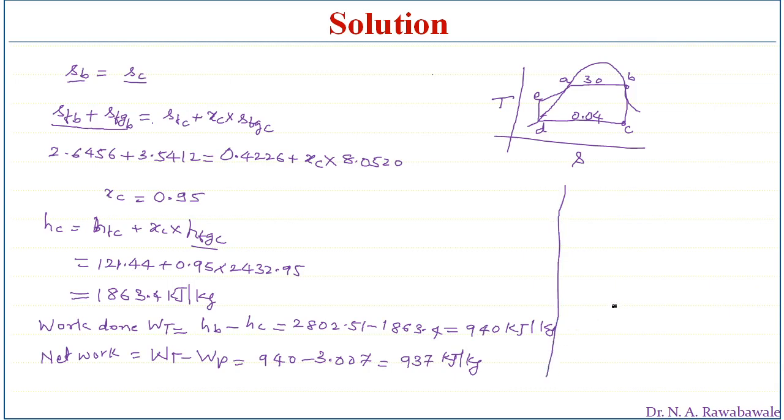Efficiency of the Rankine cycle is equal to net work divided by heat supplied into 100. Net work is known to us, that is 937, divided by heat supplied.